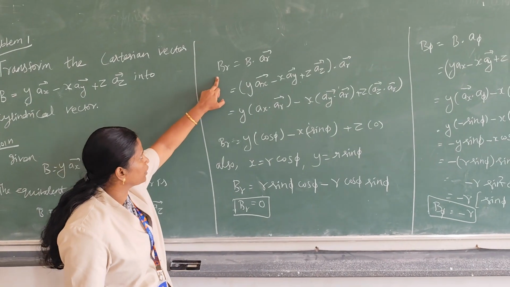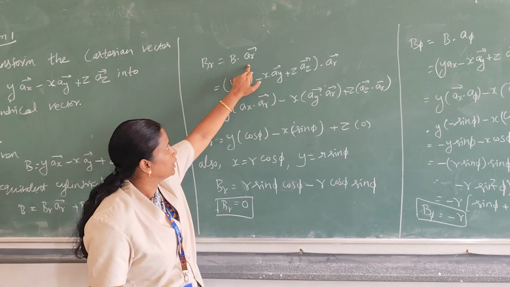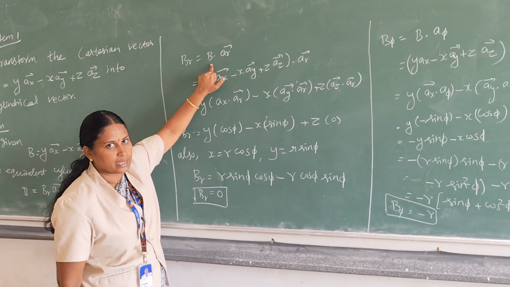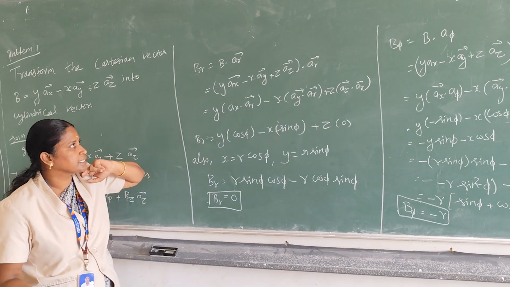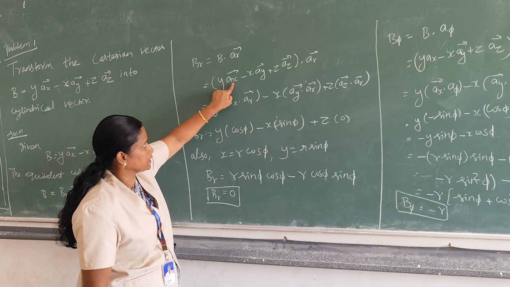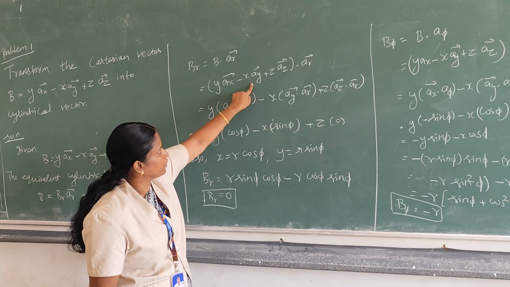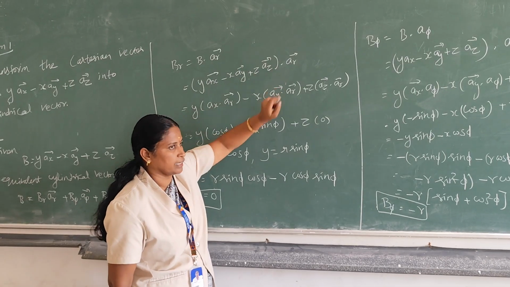To find BR, we have to take B dot AR. This B is the given Cartesian vector, and that vector has to be converted into a cylindrical vector. So instead of B, we write y ax minus x ay plus z az dot AR vector.